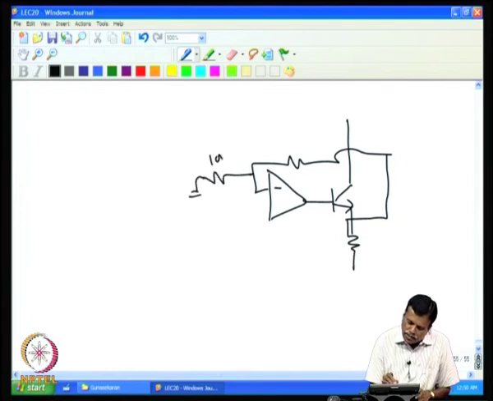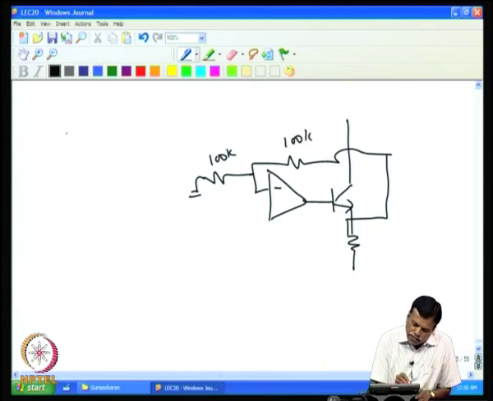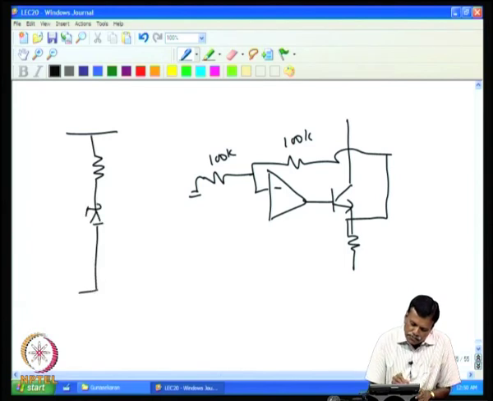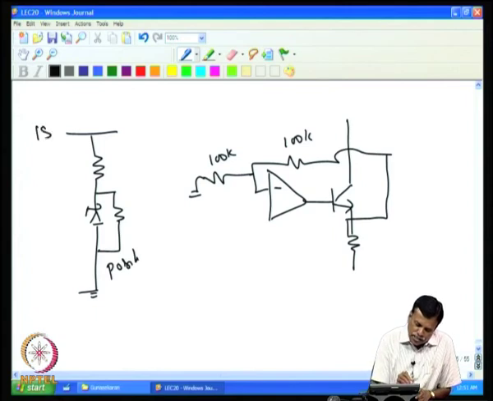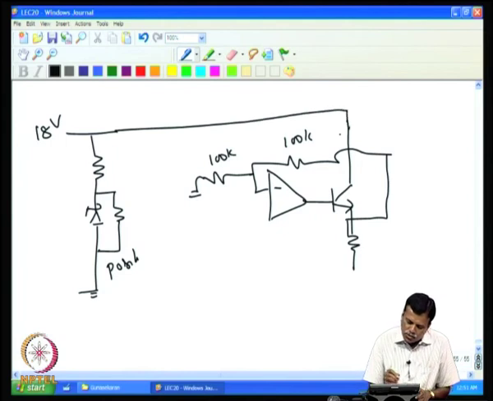So, I have 100k and the same 100k here. Then I will have the supply voltage, and from the supply I have the Zener diode, then the position pot. So, this is the position pot, this is the regulated supply, say 18 volt, and then I connect this as usual.